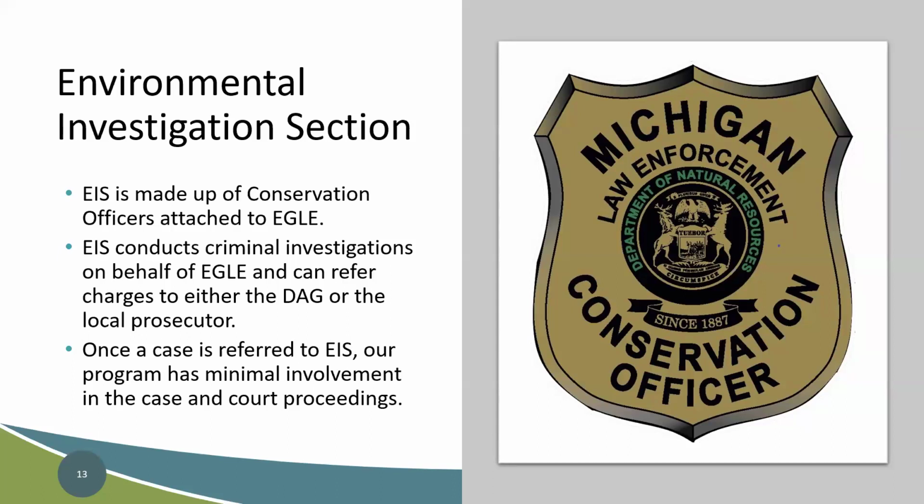But if the local prosecutor is hesitant or is notoriously bad with environmental cases, we can go to the Attorney General's office. And then once a case is referred to EIS, our program doesn't have a lot of involvement in the case. In the court proceedings, once it's the investigator's case, it's out of our hands.